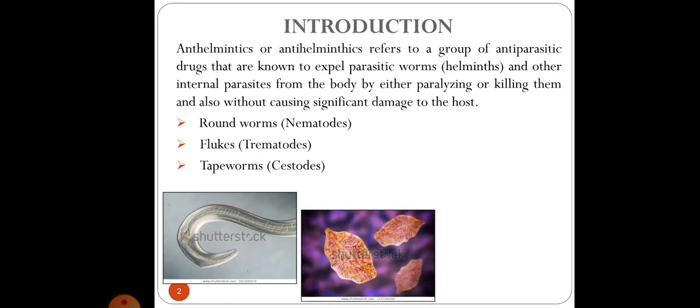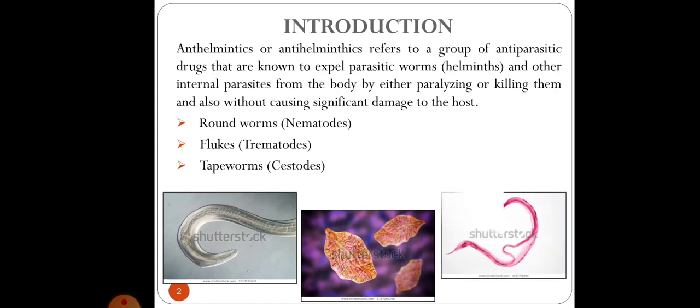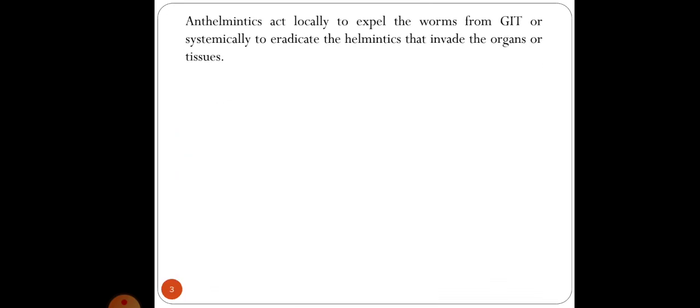This image represents flukes, and this is the image for tapeworms. Anthelmintics act locally to expel the worms from the GIT or systemically to eradicate the helminths that invade the organs or tissues.